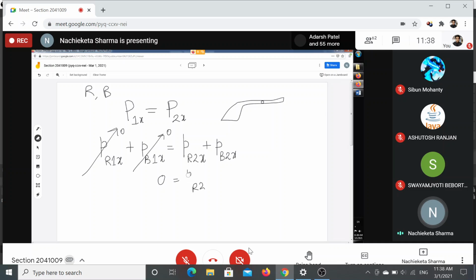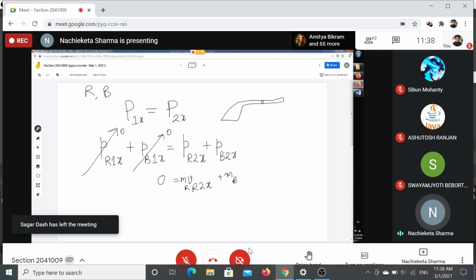Now in place of PR2x, what should I write? I will write MR, mass of the rifle, into final velocity of the rifle's x component VR2x. Similarly, plus mass of the bullet, because that is the definition of momentum, into final velocity of the bullet in the x direction, or horizontally.